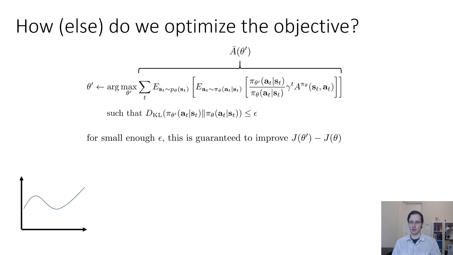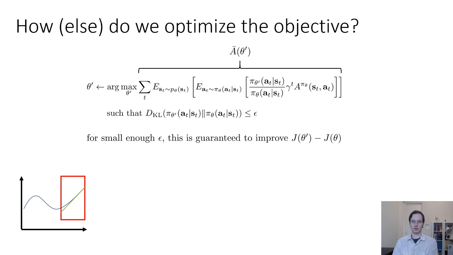So essentially, if we want to optimize some complicated function, like this blue curve here, one way we could do it is we could pick a region, compute a very simple approximation, a linear approximation to that function, shown here with this green line, and that's obtained by taking the gradient.